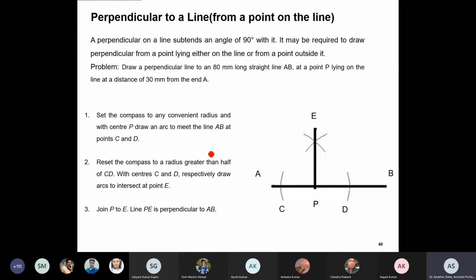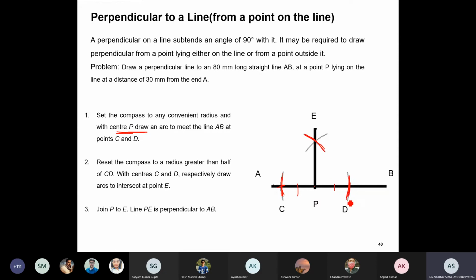Let us say AB is the line, and I want to draw a perpendicular to this line from point P. I'll take a compass and draw two arcs, C and D. Basically, I am trying to mark two locations which are equidistant from P. Now from these locations, I will keep the compass here and mark one arc like this above.